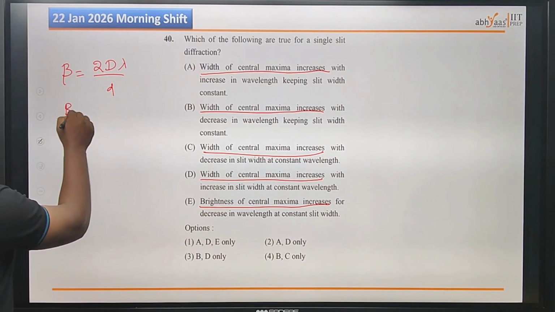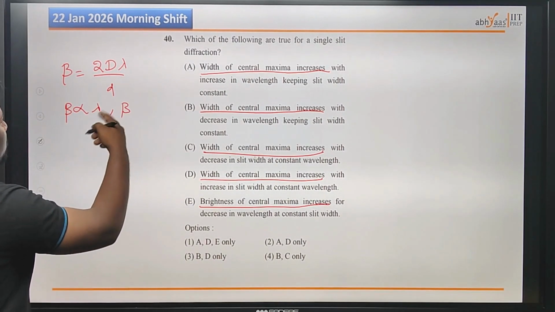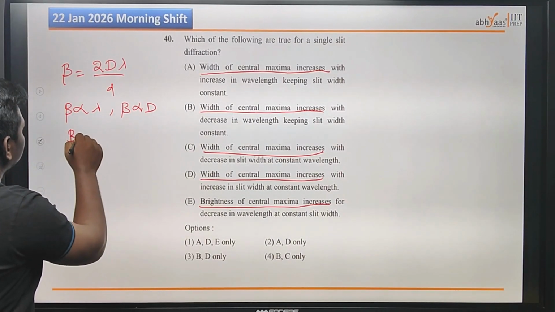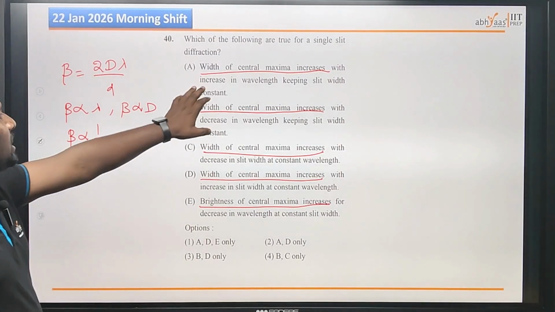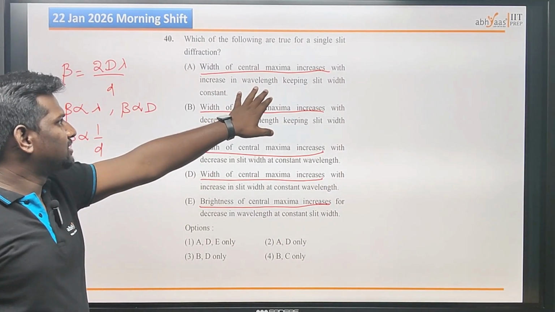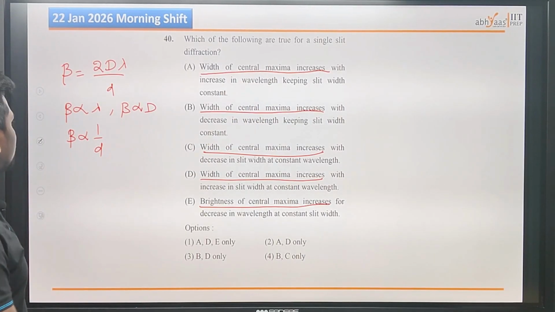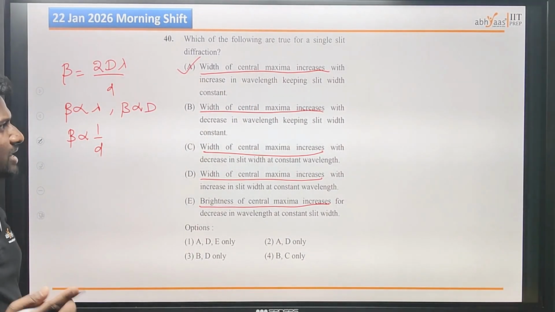Beta is directly proportional to lambda, beta is directly proportional to capital D, and beta is inversely proportional to small d. So with an increase in wavelength, keeping the slits constant, it is directly proportional. Option A is the right answer.